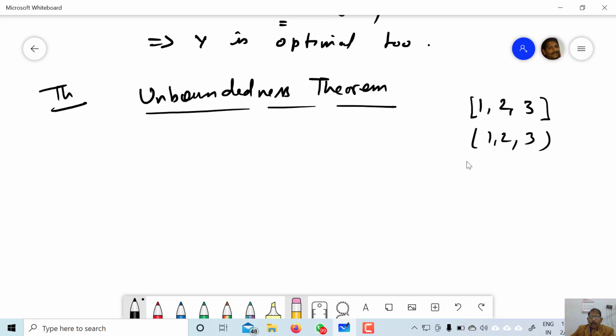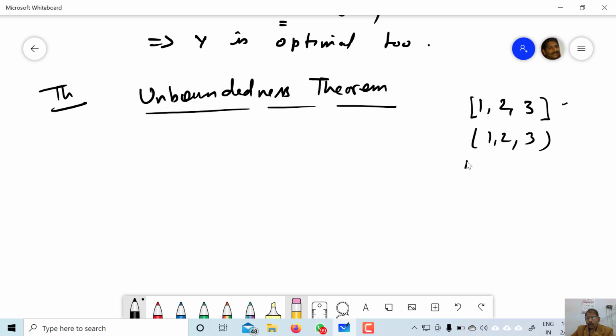Either we write this kind or this kind of sign, both are bounded. The only difference between these two is that in the actual set 1 and 3 are also included, but in this case 1 and 3 are outside of the set, while all the other values are inside the set.